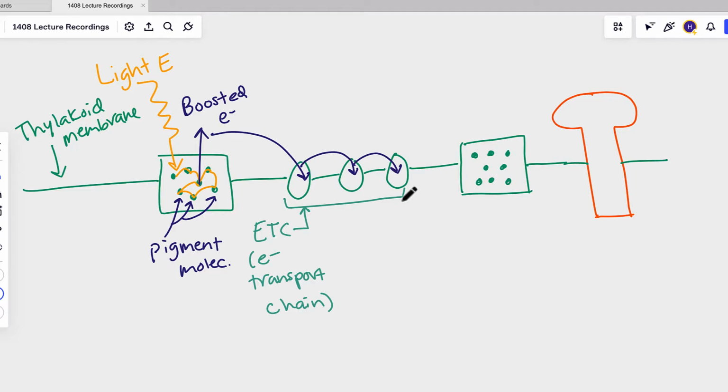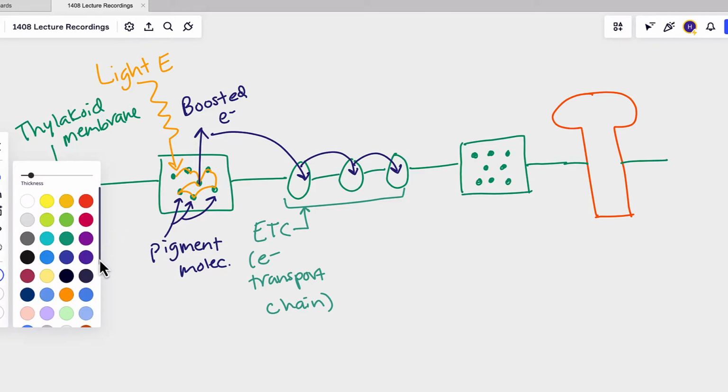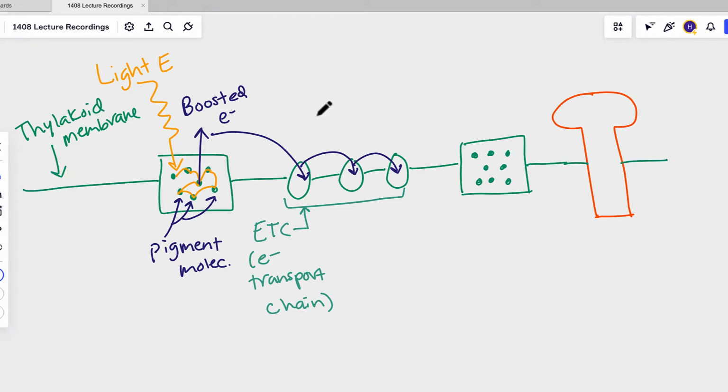So it's these complexes. And what happens when these electrons get passed? Well, they release a little bit of energy. And so what we can do is to use that energy to do transport. So we're going to be pumping hydrogen ions, or protons, just like in cellular respiration, across the membrane into an area where it's already crowded.